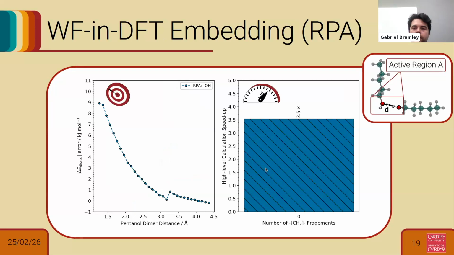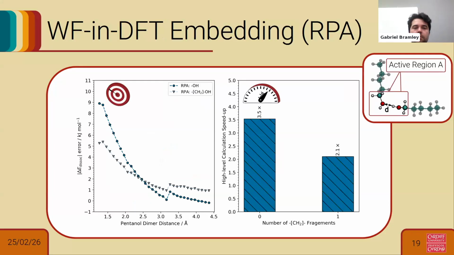So what we have here is the result I just showed you with a little bit of a speed up, but the speed up is pointless in this case because we're essentially far above reasonable bounds of accuracy. But as we increase the number of atoms that we include in our active region, you also decrease this error for RPA.